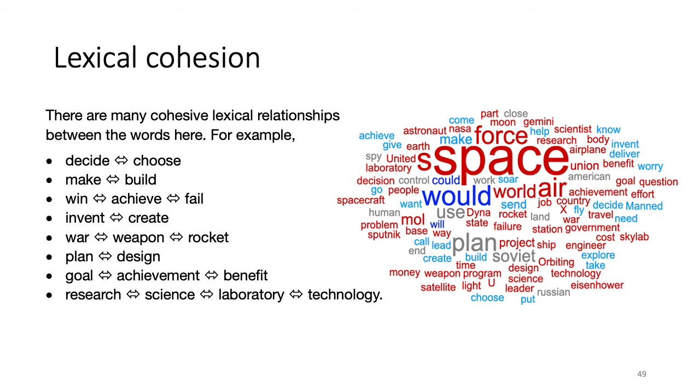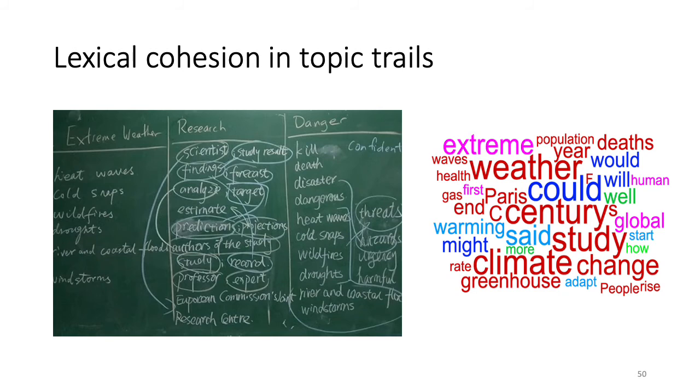If we put our topic trails in columns instead of that spray diagram we just looked at, then you can also identify the lexical cohesion within a topic trail, not just within the word cloud representing the whole text, but just within a topic trail.